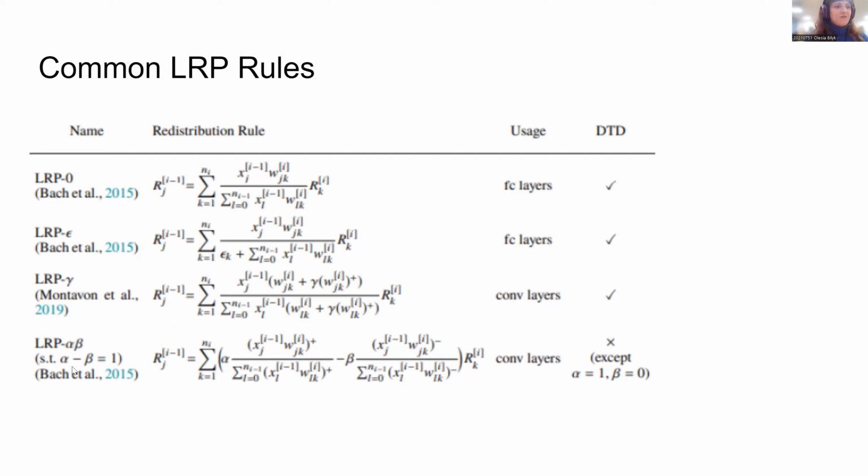The LRP gamma and LRP alpha beta rules, however, can be used for lower convolutional layers. However, they assume only positive input. So they cannot be used for the first layer because the input, for instance, pixel scores, can potentially be negative. These rules help to distinguish between the supporting and contradicting explanatory factors.